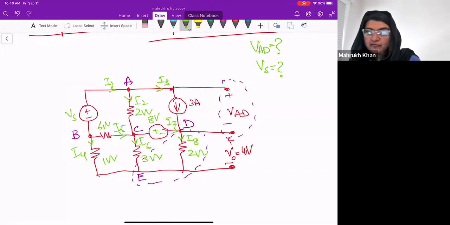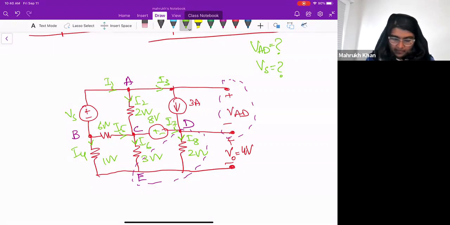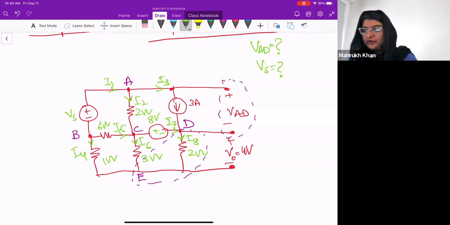But as we have to find VS too, it means that we have to find I1 as well, right? So we have to do all the scenarios. So first start with the known scenario, right?